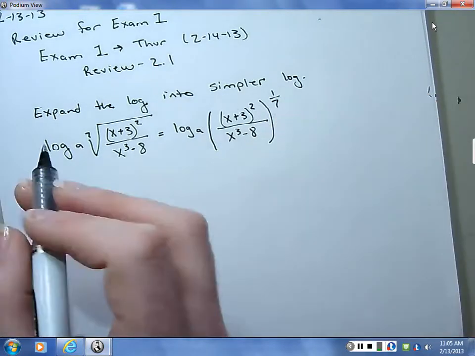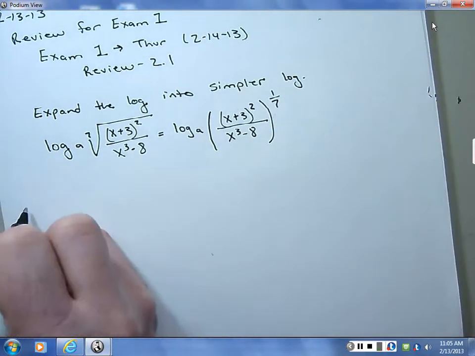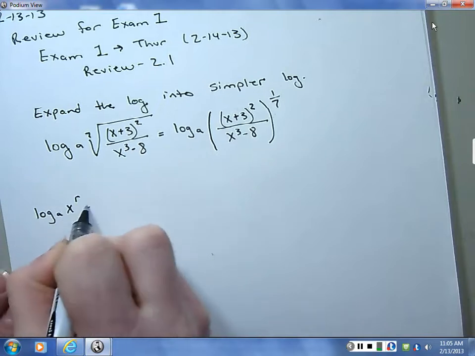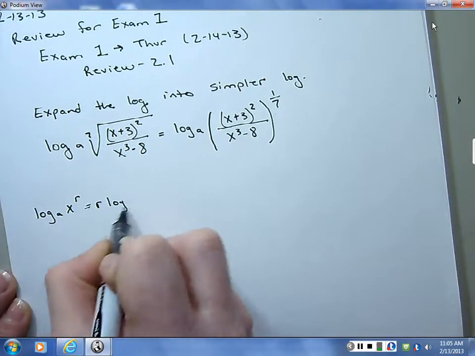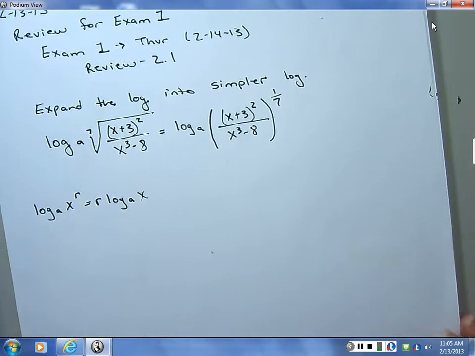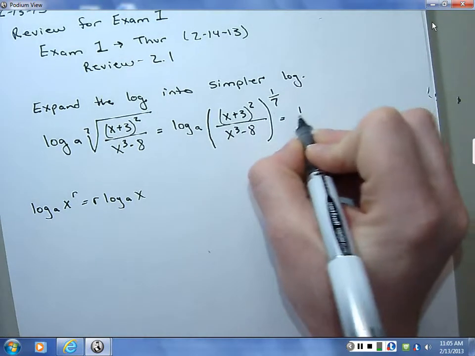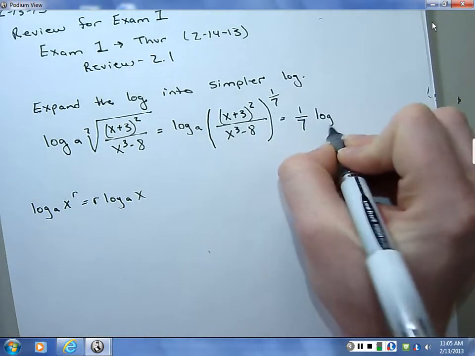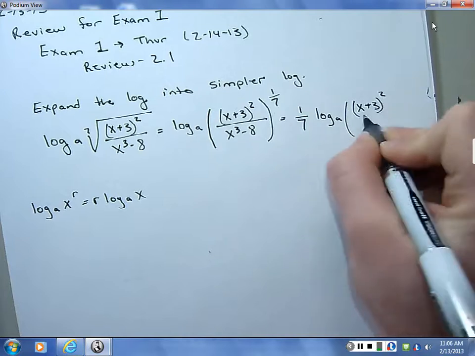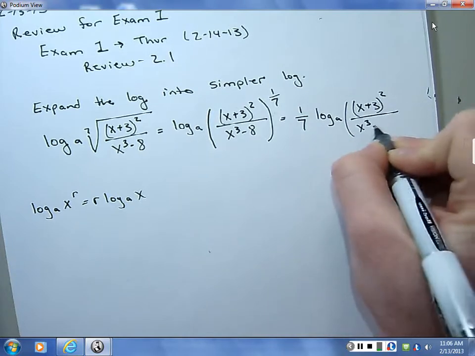So I know log base a of x to the r can be written as r log base a of x. Do you guys remember that? So I can simplify this to 1/7 log base a of (x plus 3) squared over (x cubed minus 8).